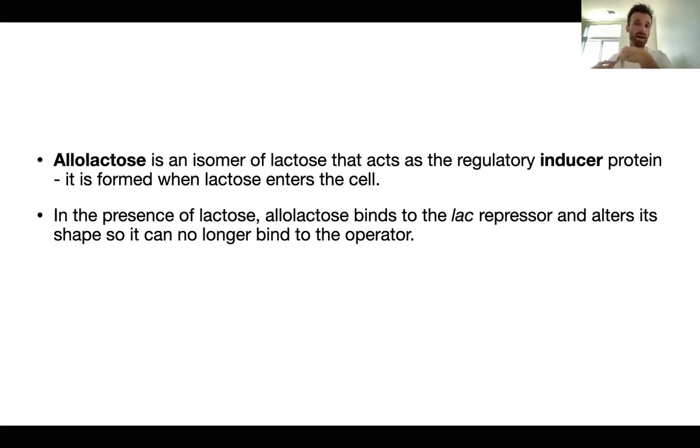So when lactose is around, allolactose starts to form through a separate pathway. And it serves the role of binding to the lac repressor, and then the repressor loses its affinity for the operator. And so transcription will occur.